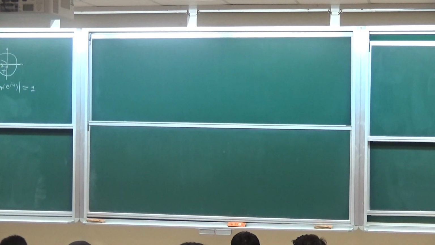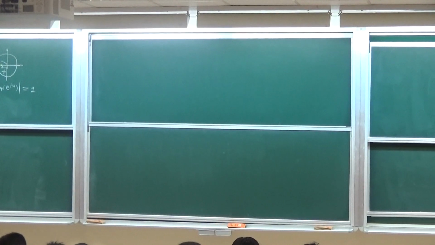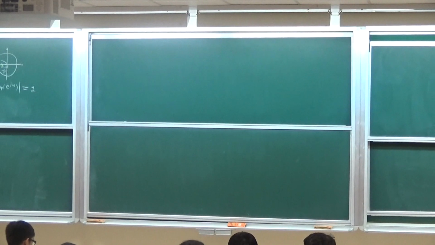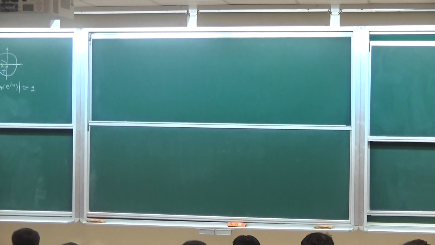Multiplication in the complex domain becomes addition after you take the phase. So the phase response becomes the summation of the phase response of the minimum phase part and the phase response of the all-pass part.